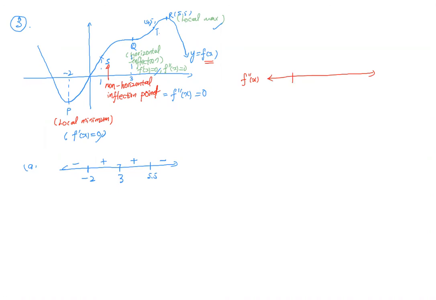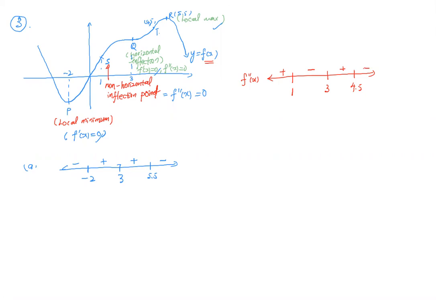So there is 1, then 3, and 4.5. So concave, convex, concave, convex, and concave again. So you go in this way.